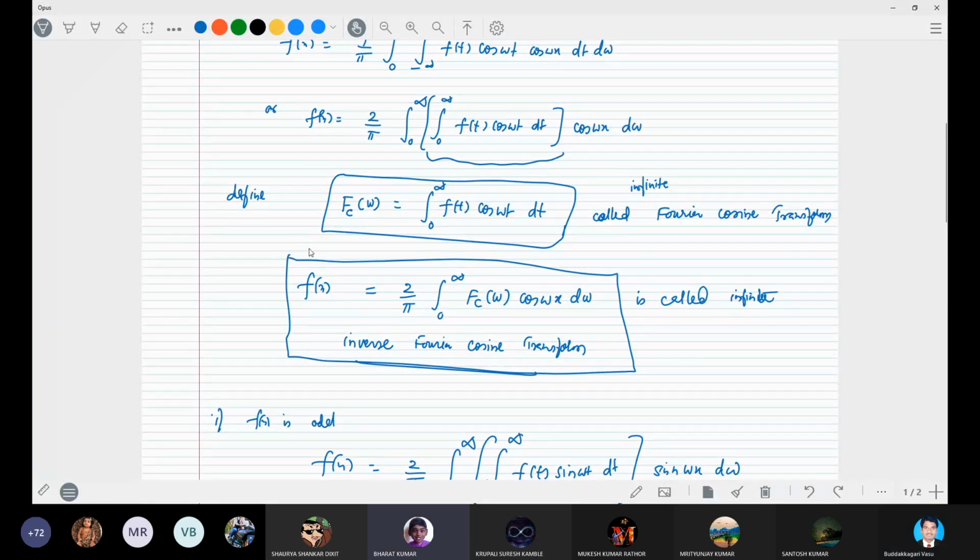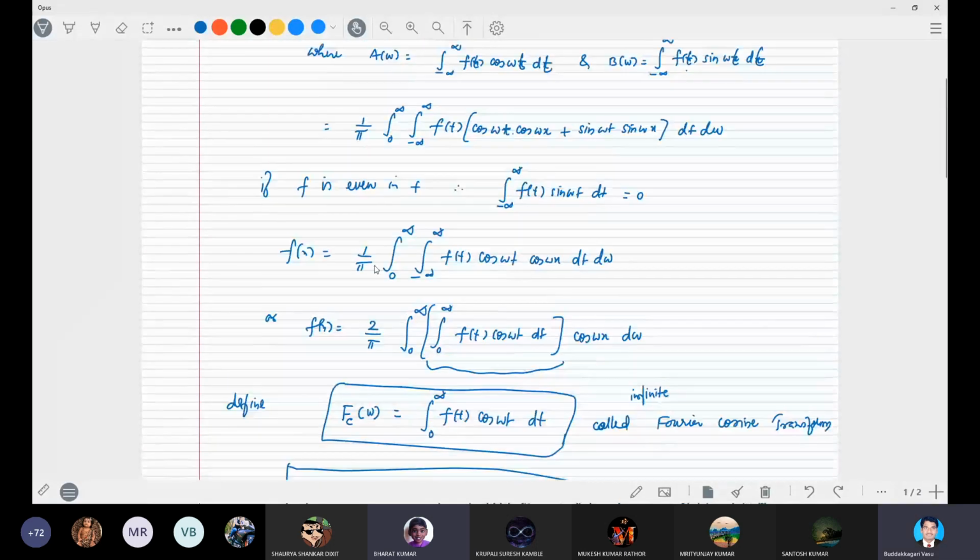Tell me. Sir, in the Fourier transform the limit is minus infinity to infinity, right? That will become an odd or even function. If it is an even function, minus infinity to infinity becomes 0 to 2 times 0 to infinity. Yes, sir.